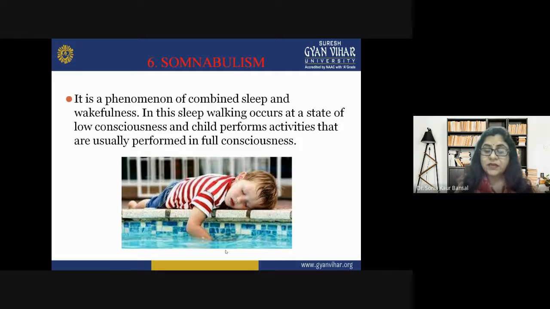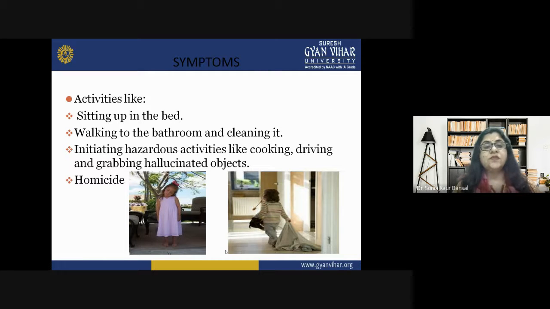So it's really very dangerous sort of behavioral disorder, and this shows the symptoms like activities like sitting up in the bed, walking in the bathroom and cleaning it in unconscious way, initiating hazardous activity like cooking, driving, grabbing hallucinated objects, homicide. So these are really very dangerous symptoms, and the parents must be really very much aware about if the child is showing this type of behavioral disorders.